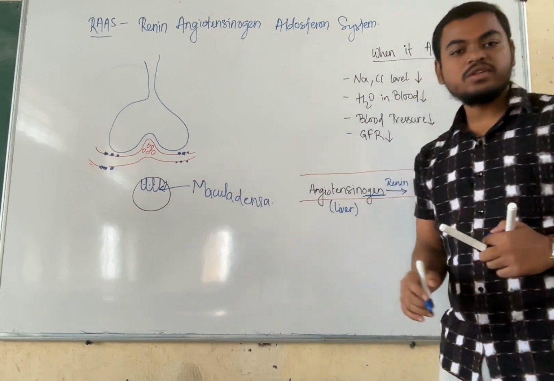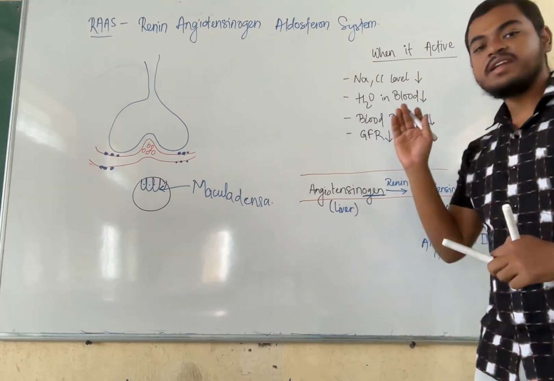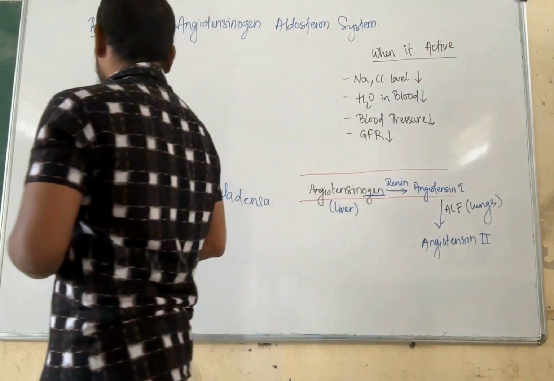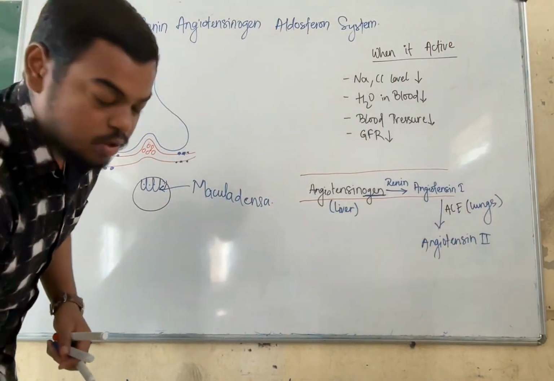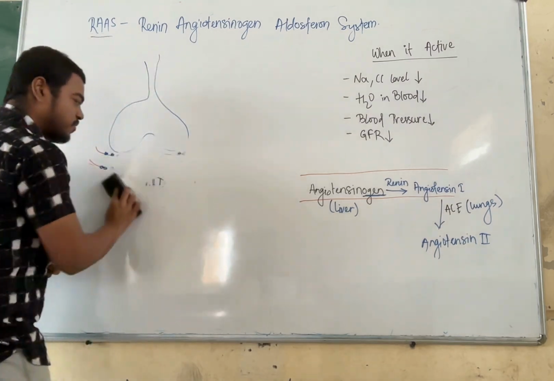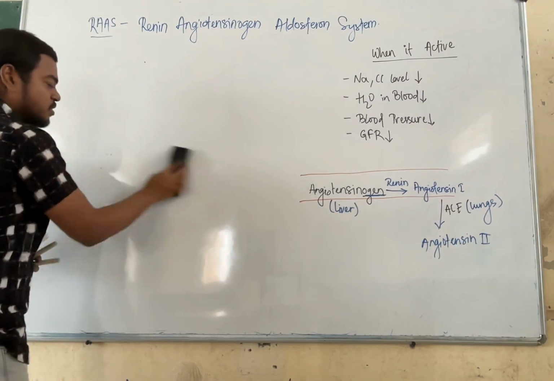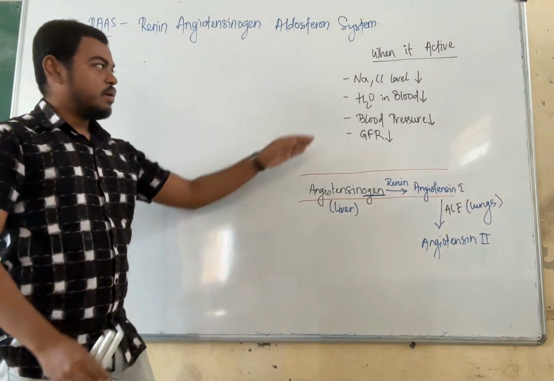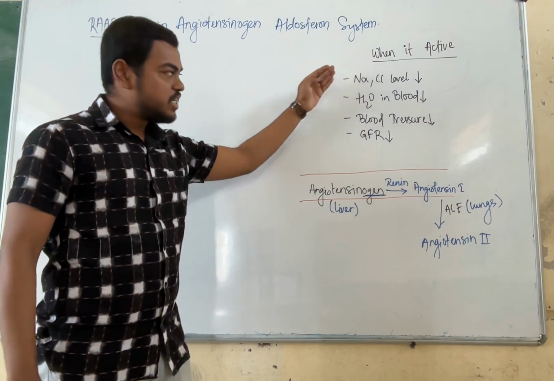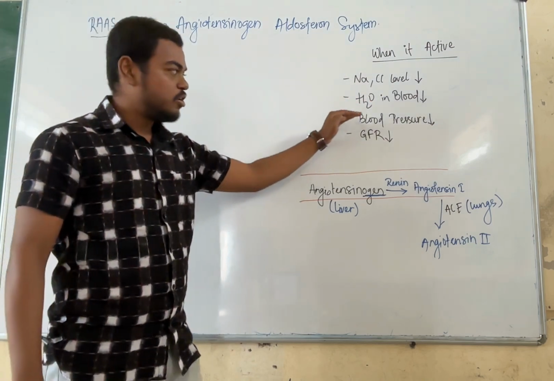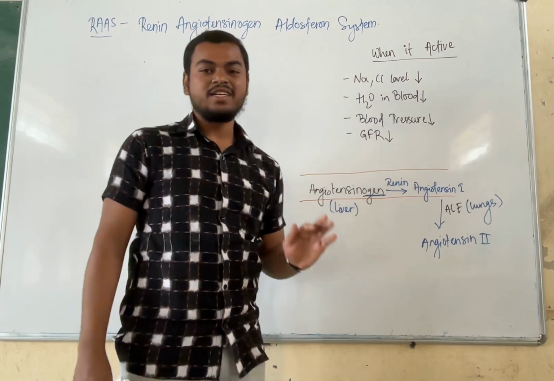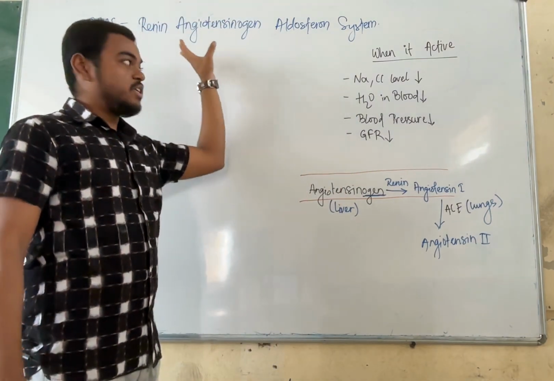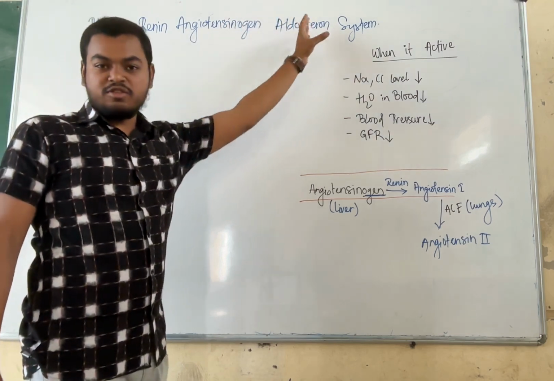Angiotensin 2 is now completely activated and can regulate further functions. It will perform further mechanisms to stabilize all these in your blood, because the NaCl level, the water level, the blood pressure and the glomerular filtration rate are decreased. After that the RAAS mechanism activates.